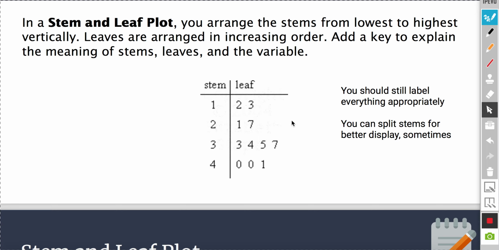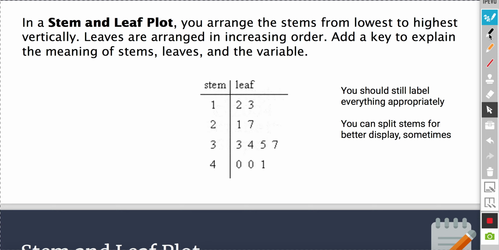All right. It is important in most situations to add a key to explain the meaning of the stems. I gave a very bare example here, but you would probably want to add a key that says the stem is tens digit, leaf is ones digit, the variable we're measuring is age. All right. So we do want to make sure we label everything appropriately.